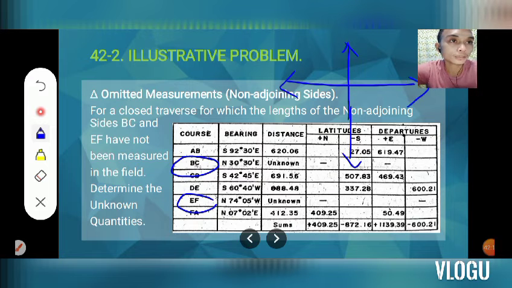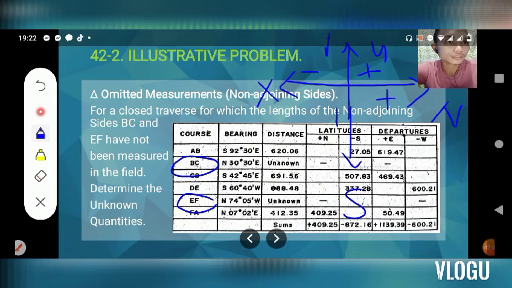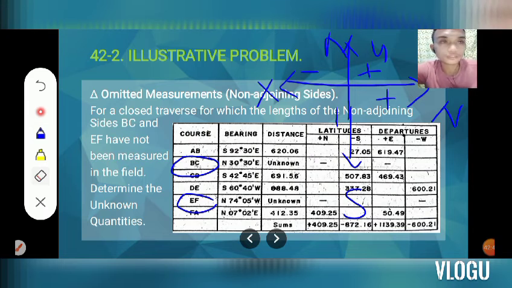This side is negative and this side is positive. Here is the north, then the east and west.